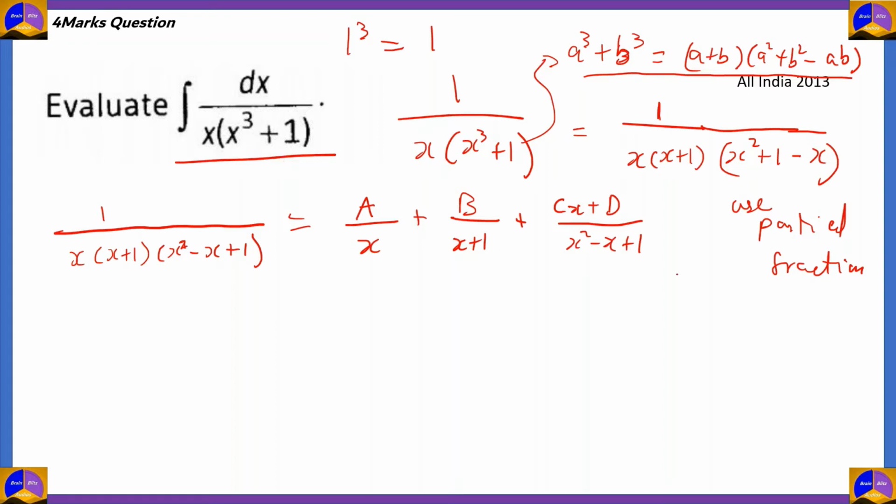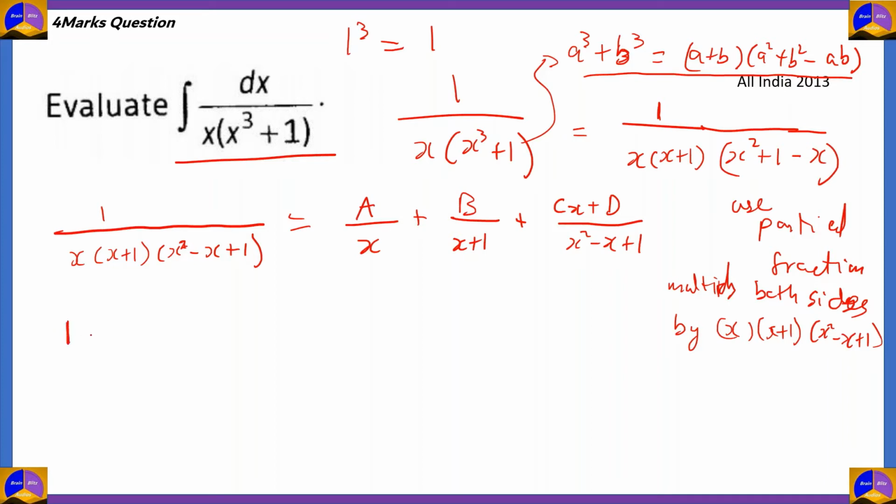Now what do we do? Multiply both sides by x times x plus 1 times x squared minus x plus 1.